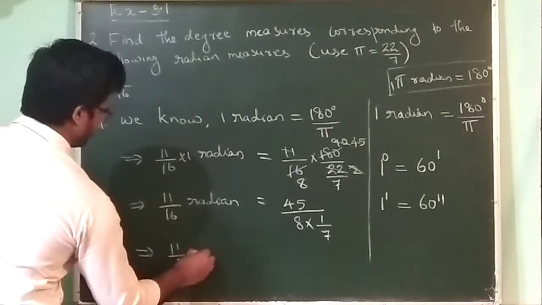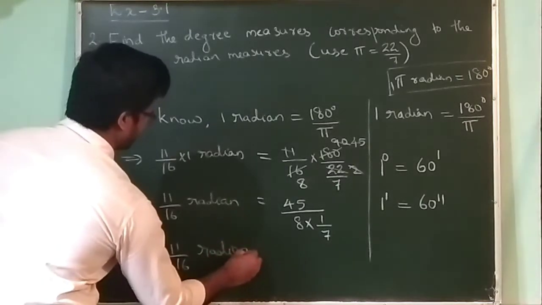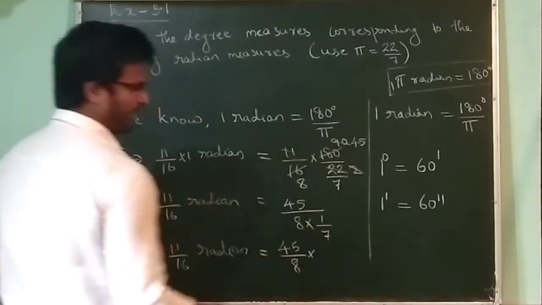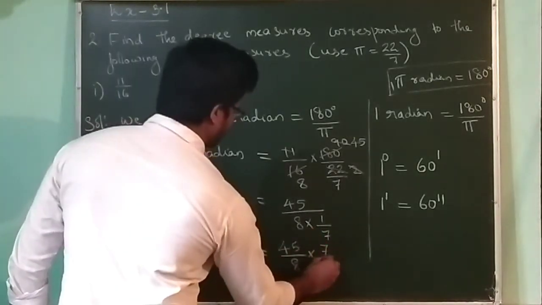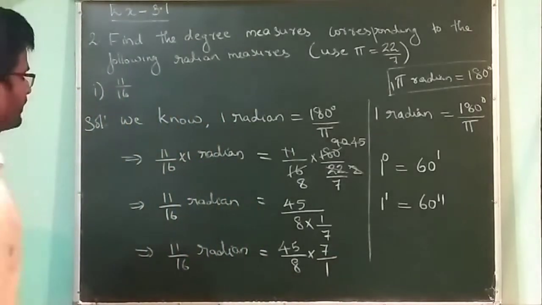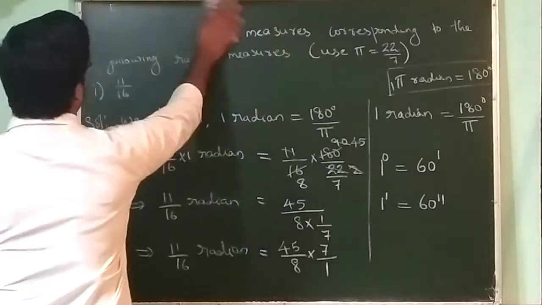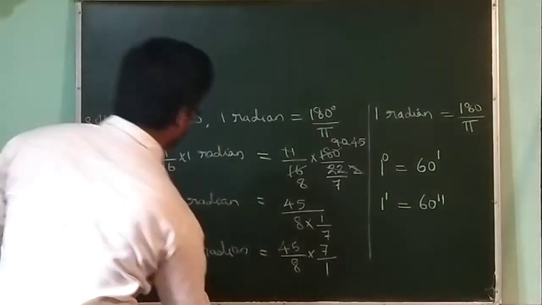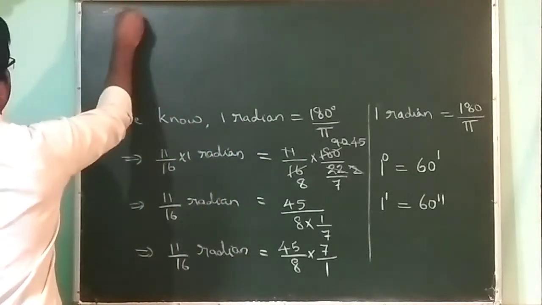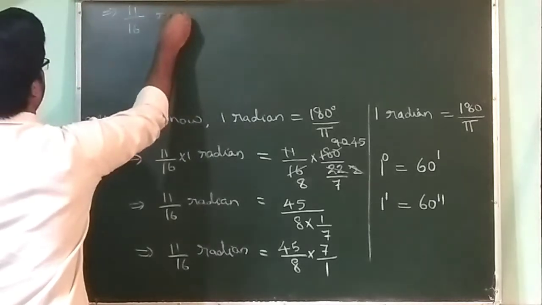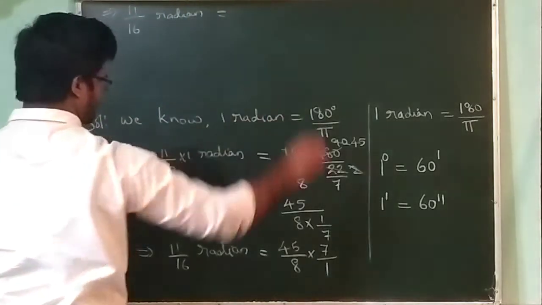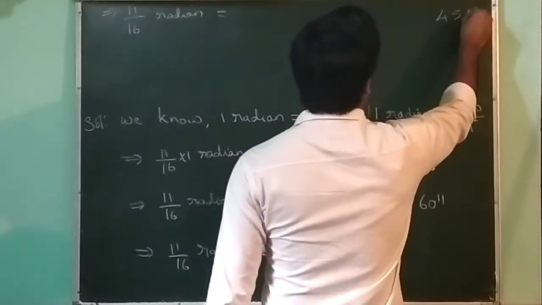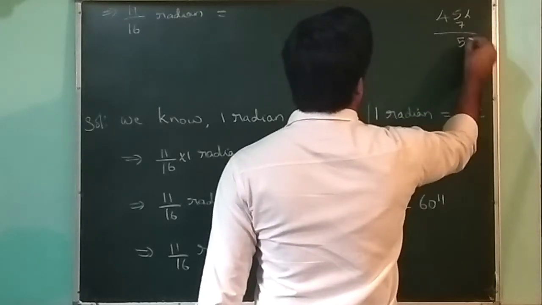11 by 16 radian equal to 45 divided by 8 into this 1 by 7. Take reciprocal. We can write 7 divided by 1. 11 by 16 radian equal to, multiply 45 and 7. 45 into 7: 7 into 5, 35.